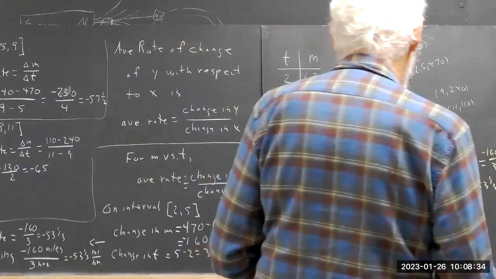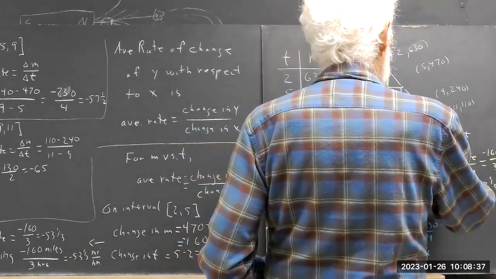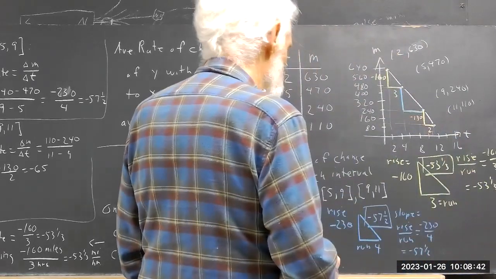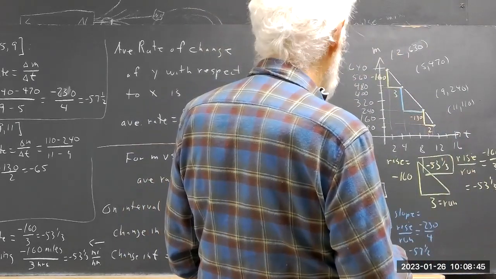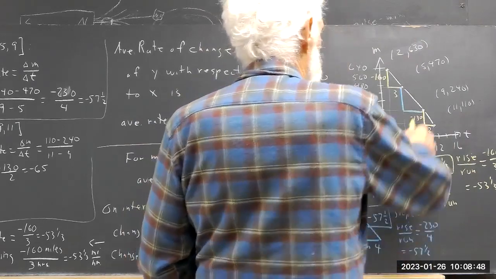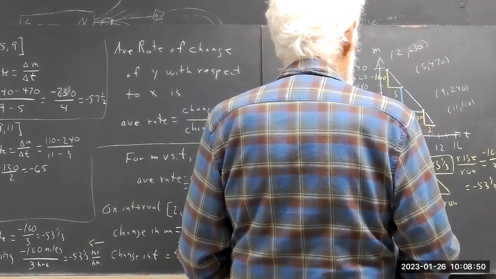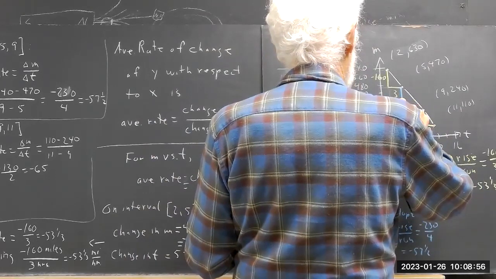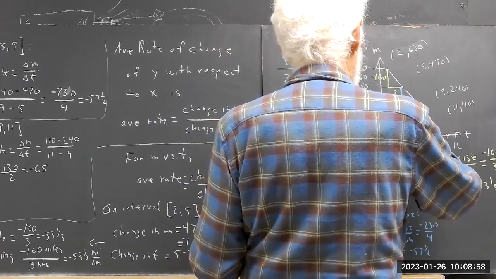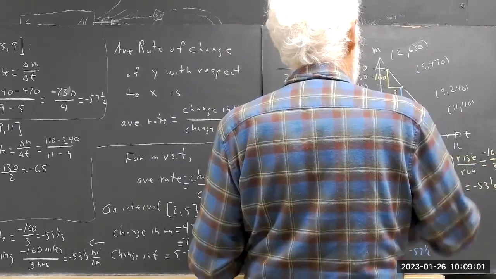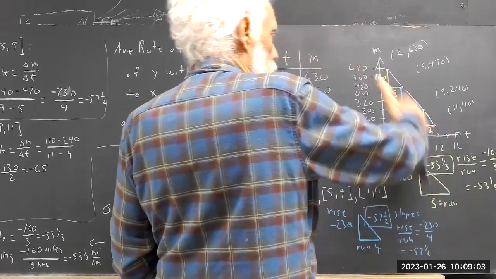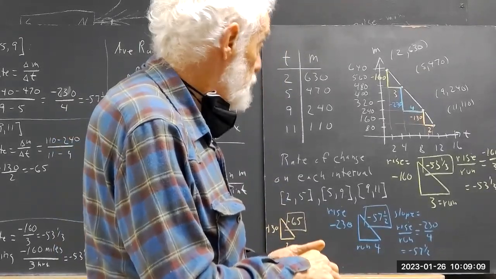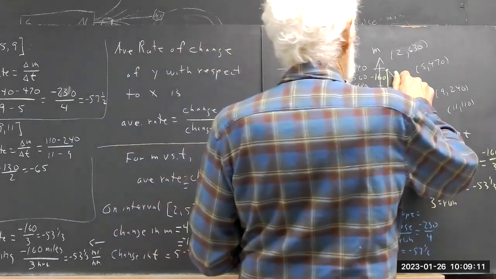So we can squeeze those numbers into the graph. It might be hard to read from where you're sitting. The run here is 4, so I'll put the 4 here. I'll put the negative 230 here. So you see on the graph, I've got all the numbers that I used to calculate everything.